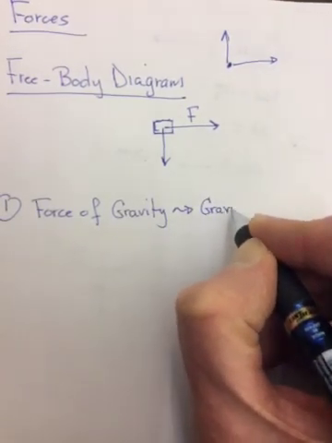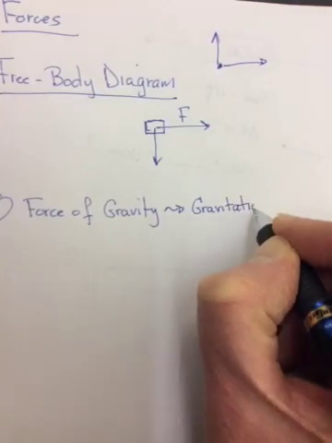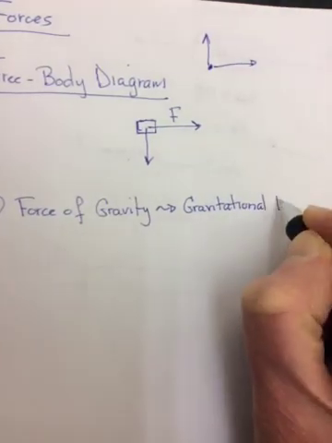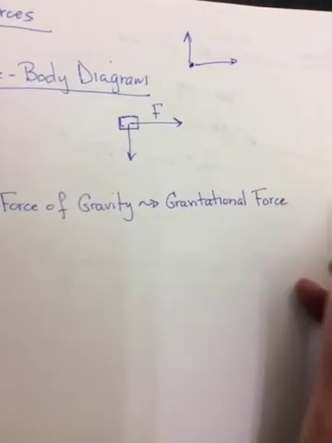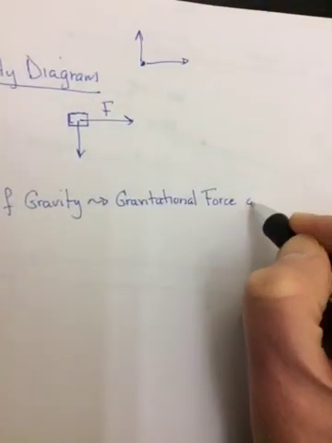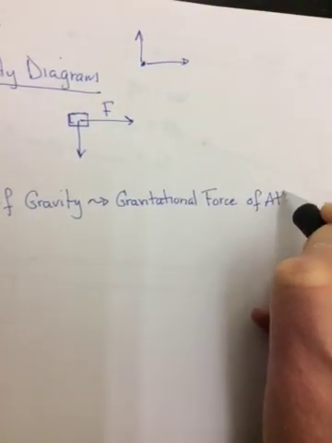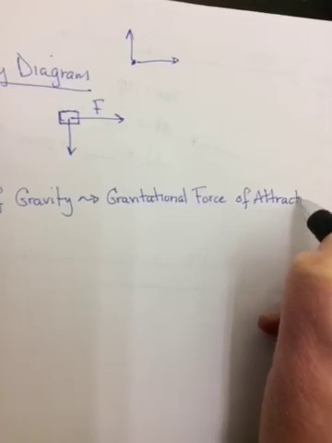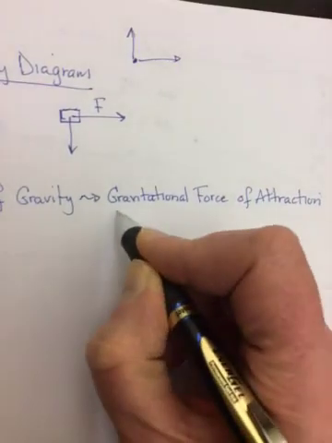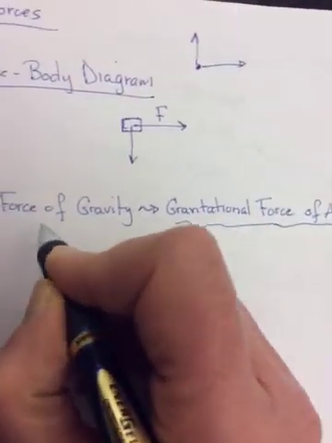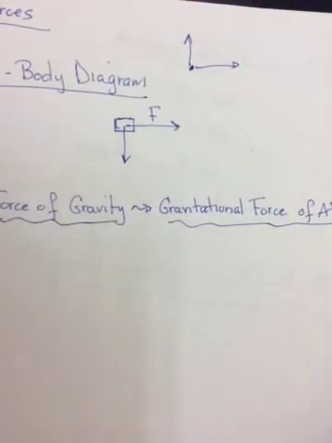It's also known as the gravitational force, and sometimes you'll even hear the gravitational force of attraction, because gravity always pulls things towards the object that's creating that gravity. Gravitational force of attraction, force of gravity.